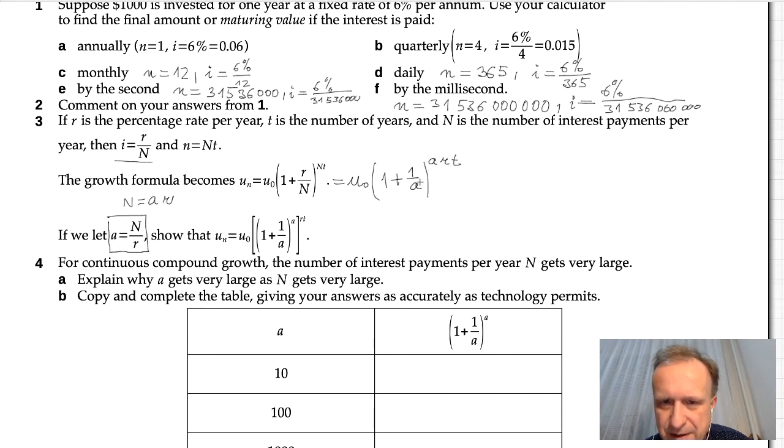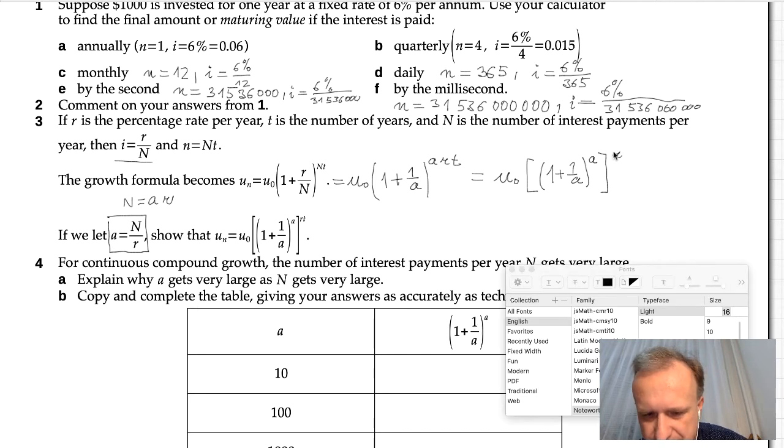Okay, like this. So I can rewrite it a little bit in the following way. It's u sub 0, now use the square bracket, 1 plus 1 over a, all to the power of a, and all that to the power of r times t.